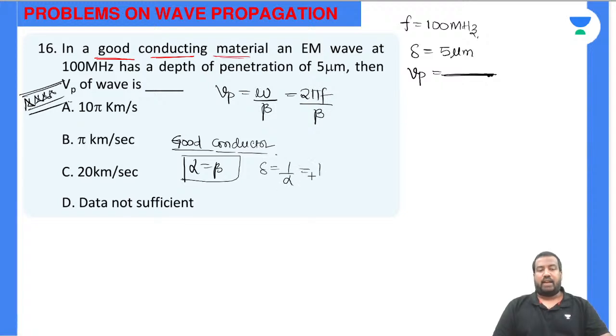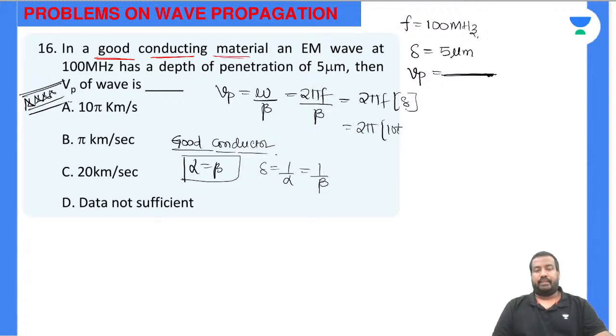So delta is 1 by beta. From this, 1 by beta can be replaced by delta in 2 pi f into 1 by beta. Sufficient. Very good.